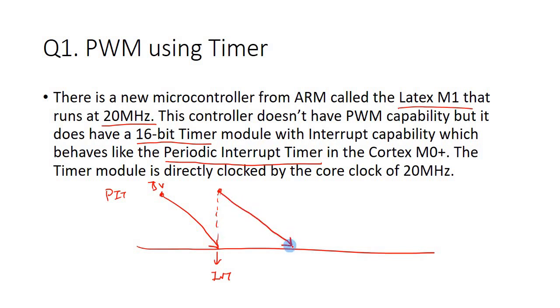If you wish to change the value, you can update a new timer start value in the ISR. So that is basically how your periodic interrupt timer works in the ARM. This controller here has a similar behavior.